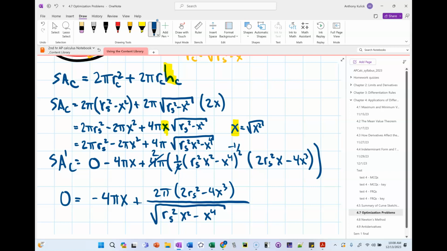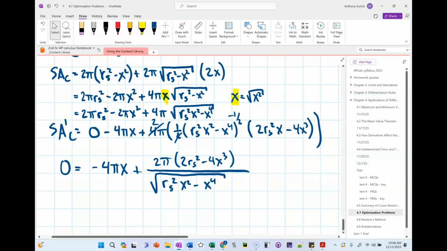Trying to think if I have a good shortcut to apply here. I don't really think that I do. What did they do here? Let me look at this. Yeah, yuck.